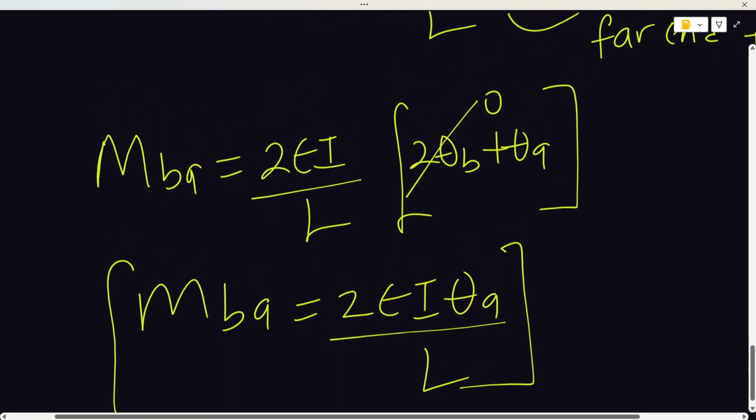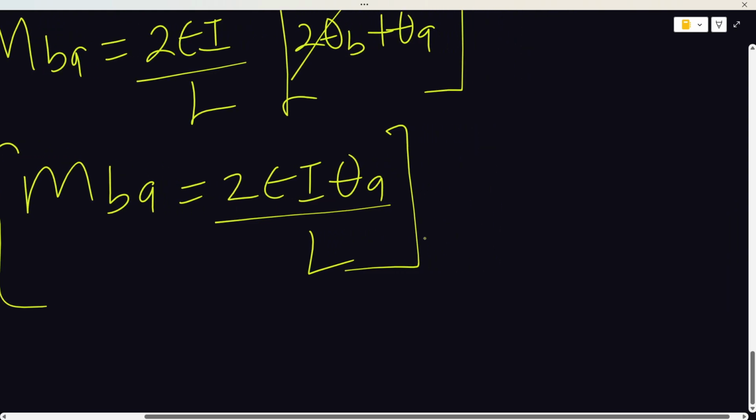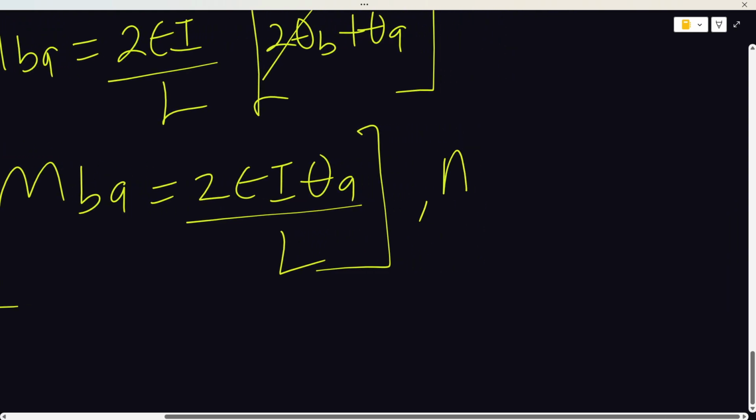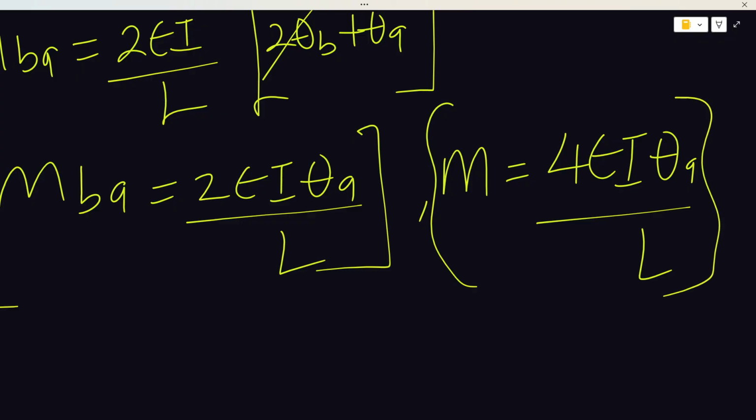So, if MBA is 2EI theta A over L, and MAB, which is also M, is equal to 4EI theta A over L, what can you see? Can we develop a relationship between MBA and M?